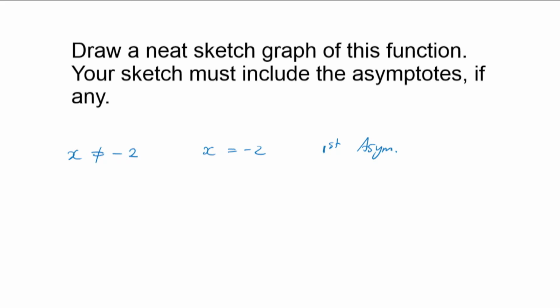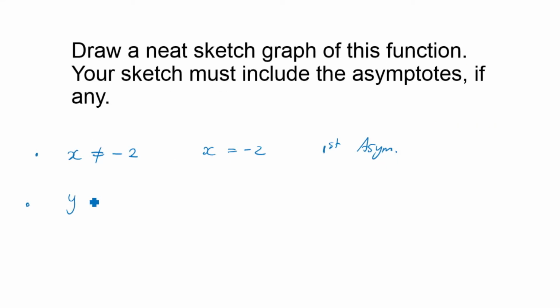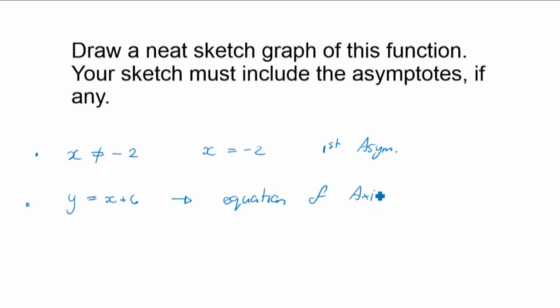The next one: y equals x plus 6 is the equation of the axis of symmetry. Like Nelson said, this passes through where the two asymptotes cross.